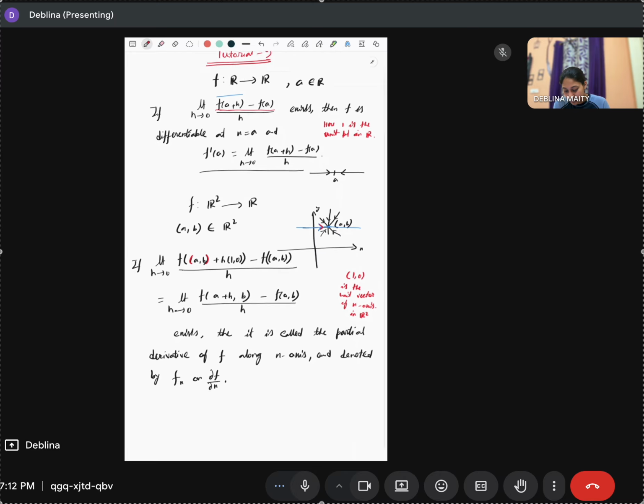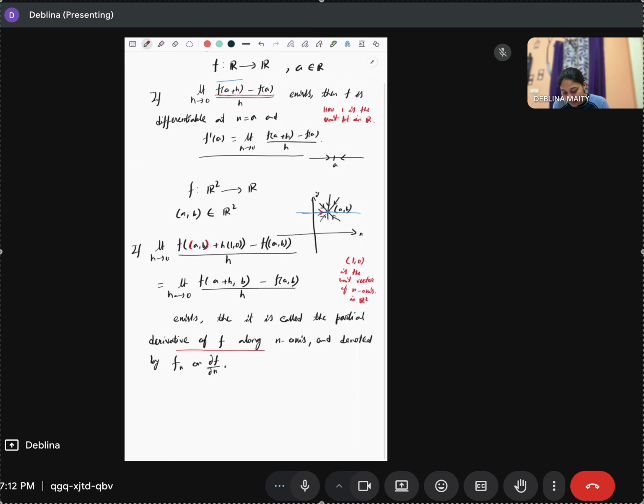So this is called the partial derivative of f along the x-axis, denoted by f_x or del f del x.